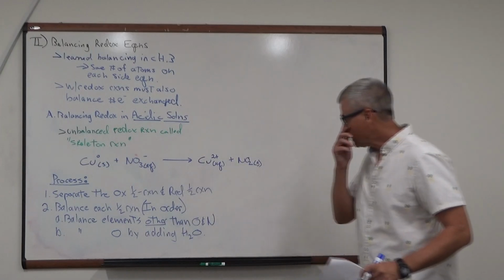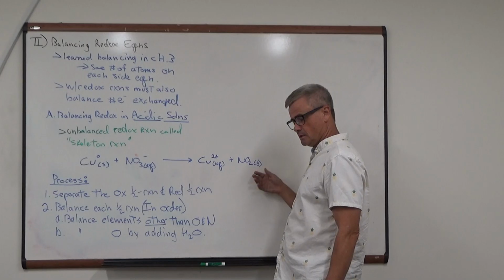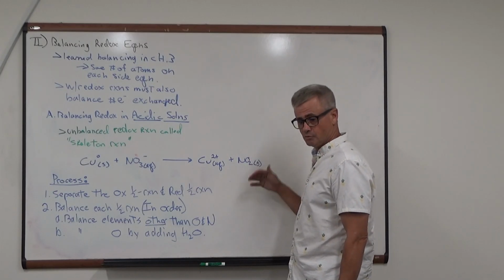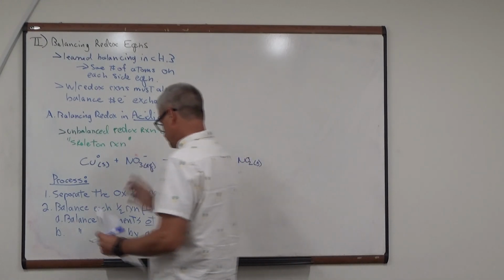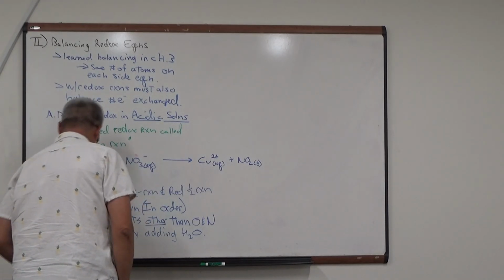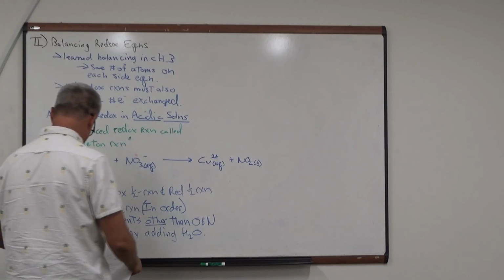So if you've got more oxygens on one side of the half reaction than the other, you're going to add water on the one that has the fewer until you've got enough oxygens to balance that. And then this will likely create an imbalance in the number of hydrogens, because water also brings along 2 hydrogens.